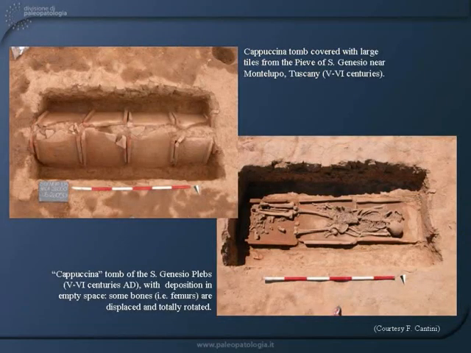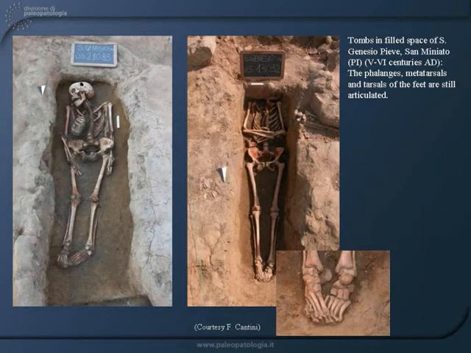This slide shows different types of burials. A Cappuccina tomb covered with large tiles, and the empty space in the Cappuccina tomb. This other slide shows two burials in filled spaces.